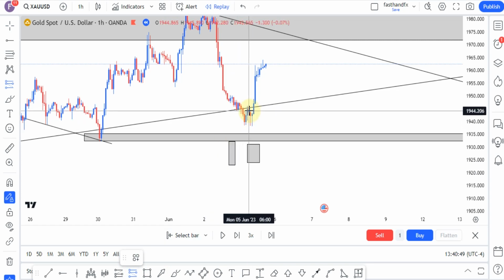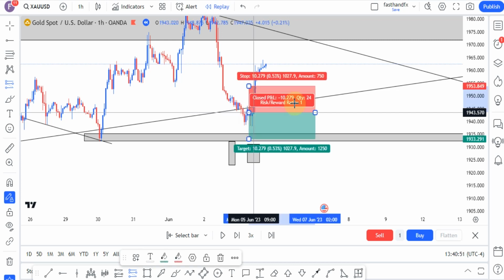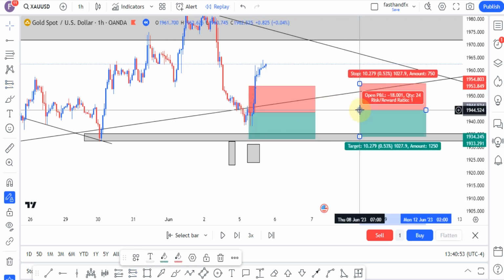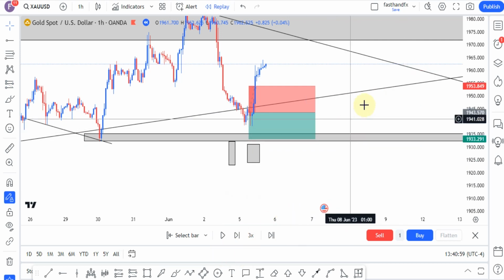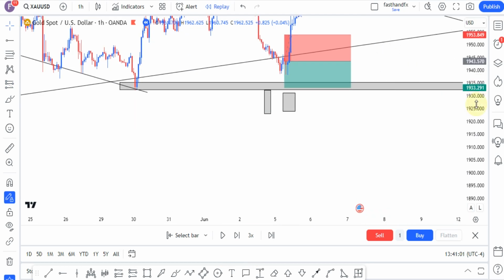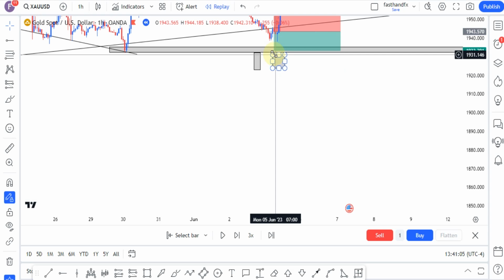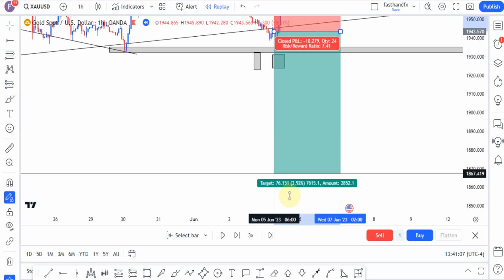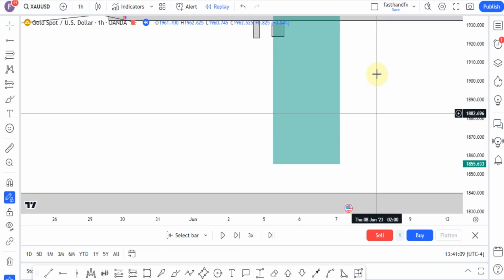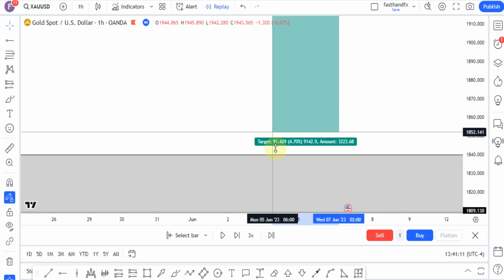Whenever they saw the market starting to go down, they thought, yo, the market is now ready, it's going to give us an opportunity to sell. So they took sales, and maybe their target was all the way down here, because this is our first area of interest, expecting the market to come all the way down here.